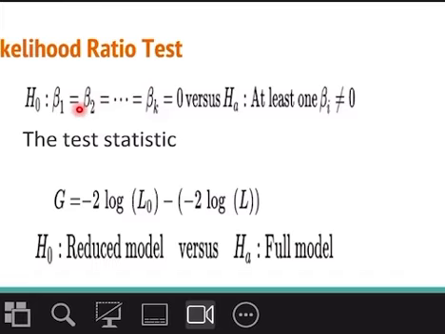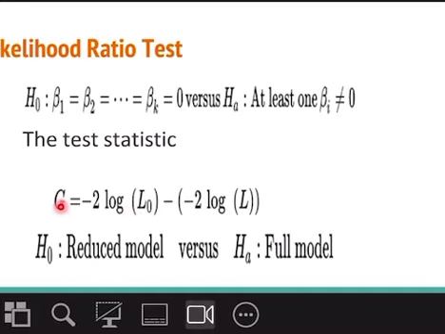It's like I'm comparing the intercept model with a model with covariates. And let me tell you this. What is the test statistic? You remember the other time when I was talking about simple binary logistic regression, the test statistic was a z-test, but it is no longer a z-test now. The statistic is G.